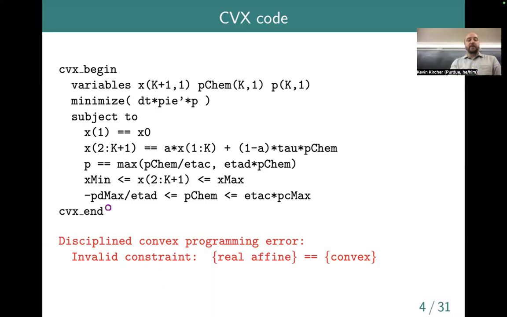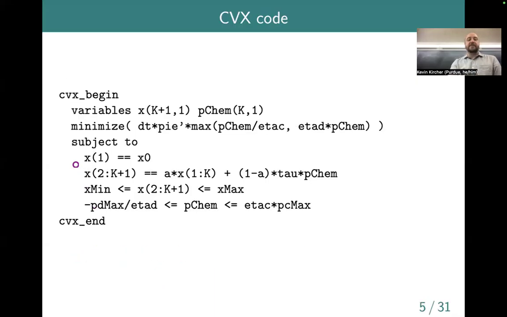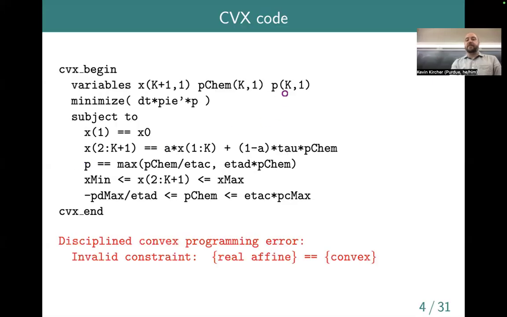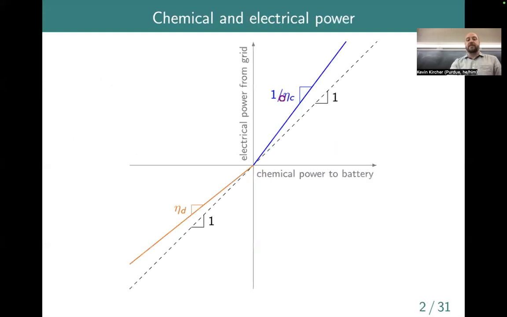Okay. So we identified the problem here. It was this line. And in this case, there's a very simple fix, which is just to eliminate the electric power variables. We don't really need to specify both the chemical power and the electrical power, because if you have one of them, you can get the other very easily by looking at this formula here.